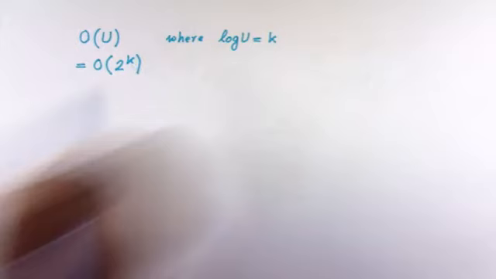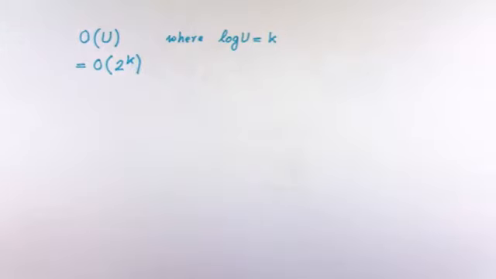Now, what is your input size? Is it u or is it k? It is k, because you needed k bits to represent the input. So, when you are talking about this complexity nmu, it is not polynomial time, because u is exponential in the input.